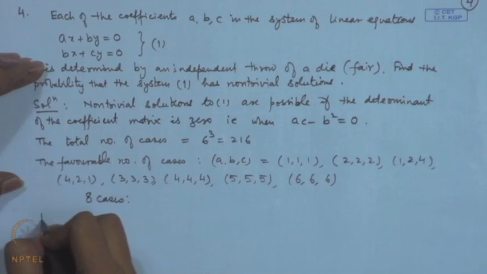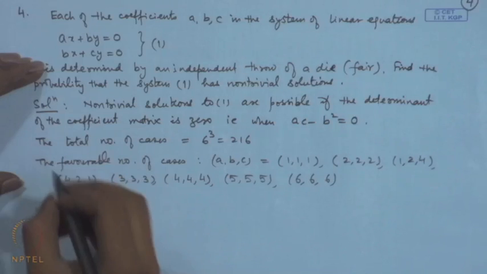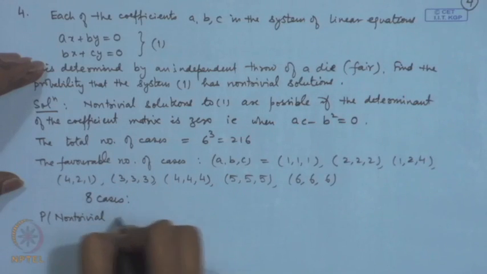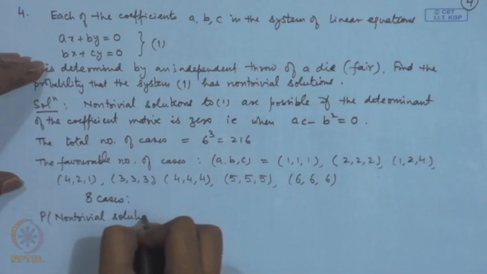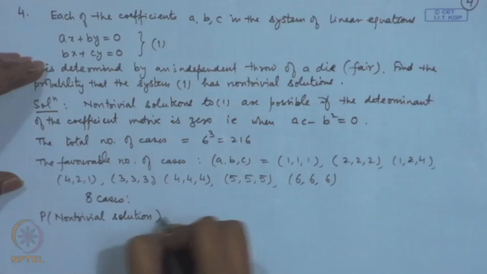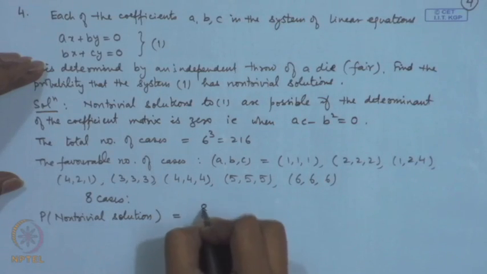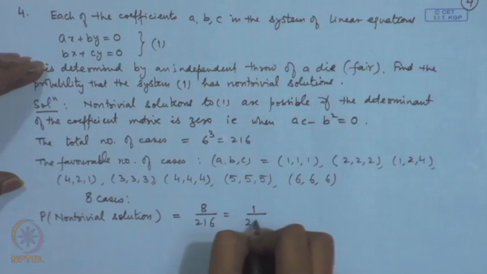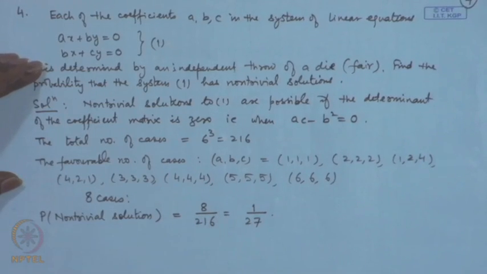So, probability of the system has non-trivial solution will be equal to 8 by 216, that is equal to 1 by 27. So, there is a 1 in 27 chance that the system will have non-trivial solutions. In all other cases, the system is going to have trivial solutions.